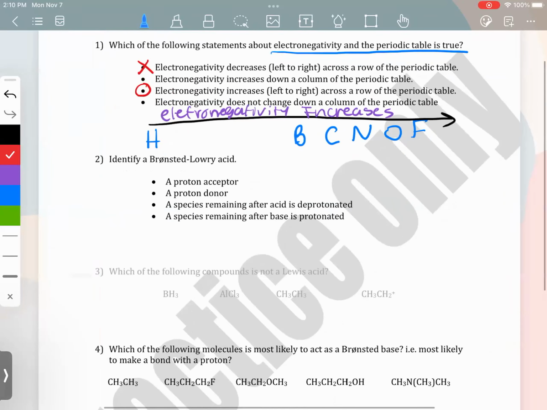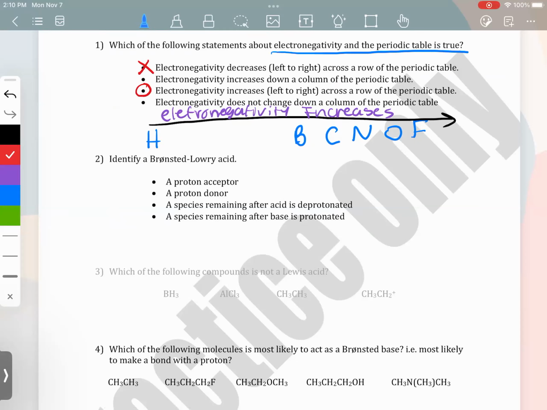All right, question 2. Identify a Bronsted-Lowry base. Actually it says acid, not base. So what is a Bronsted acid? The Lewis is like the opposite from the Bronsted.